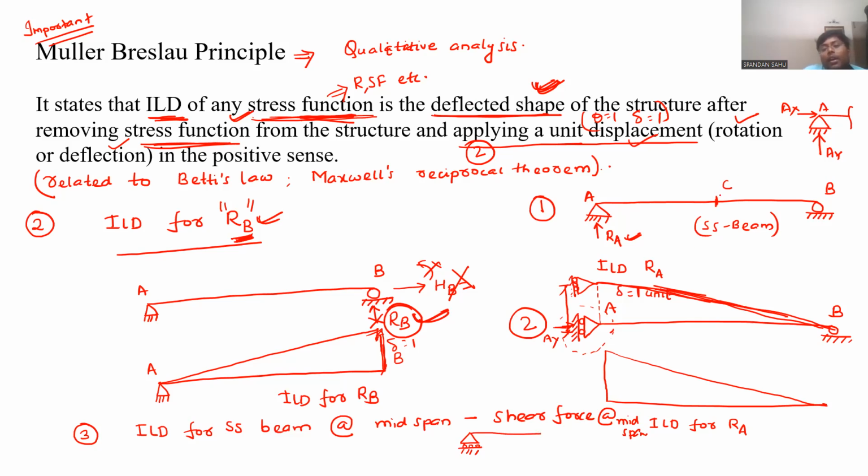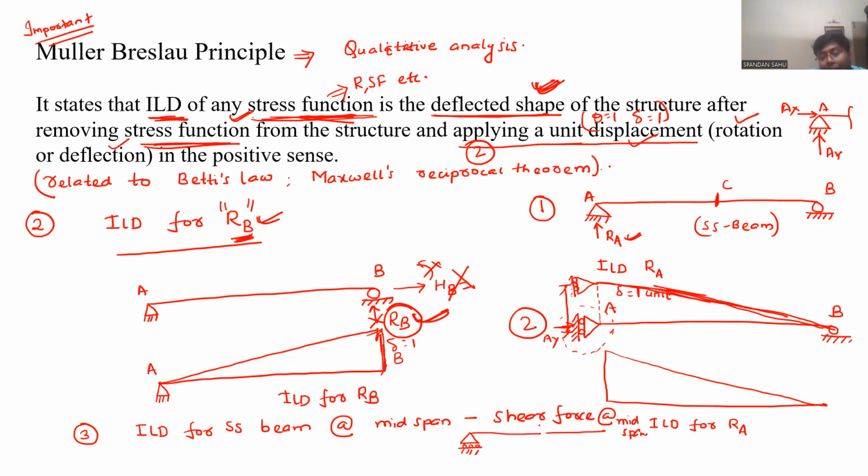Now, we have to draw the ILD for shear force. So at this section, we have to release the shear force. How can we modify this point, that is midspan, such that we can apply unit displacement at that point?